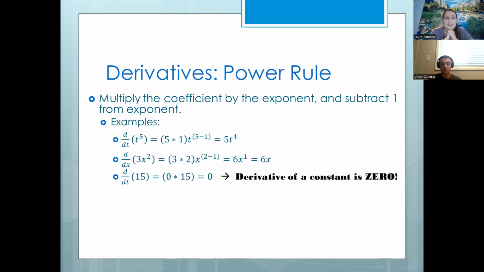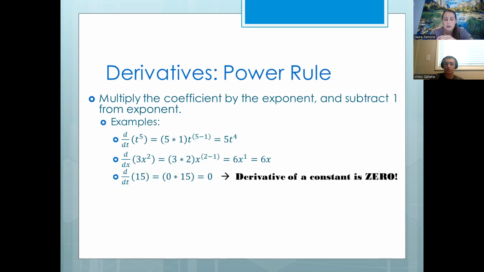I know you had mentioned before that the notation you see a lot is the prime, like y prime. I'll show an example of that in just a minute. It means the same thing, the derivative of.